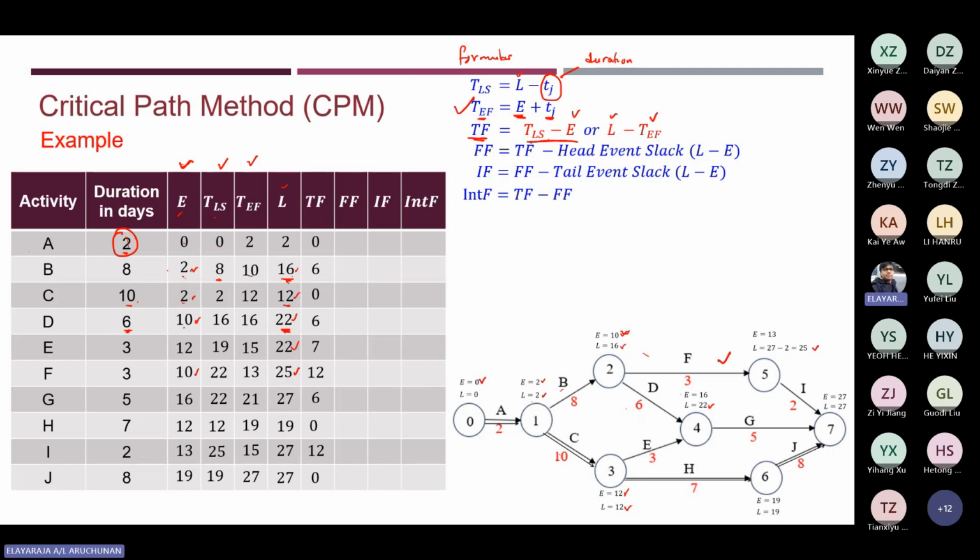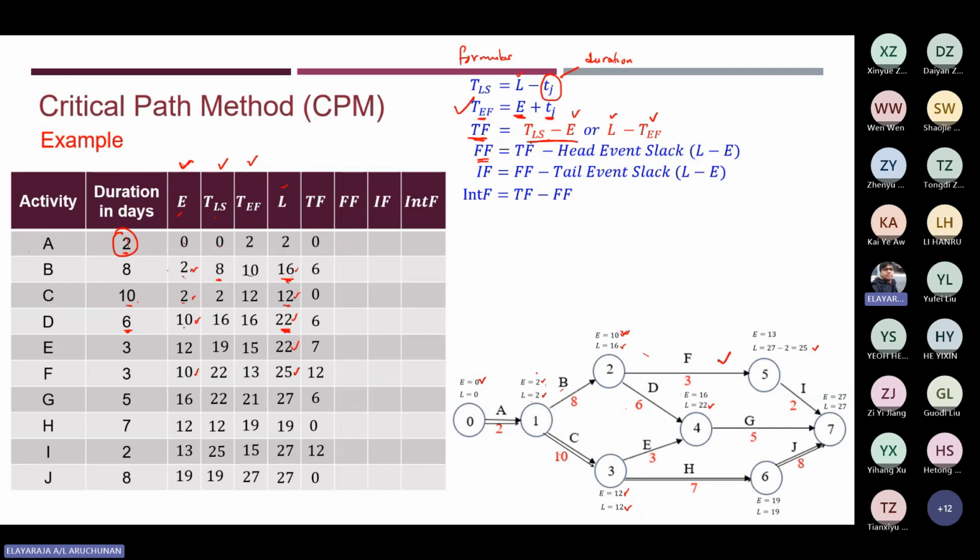Now, once you've done that, we're going to calculate the free float. The free float formula: you need to subtract the head event slack from the total float. What does head event slack mean?